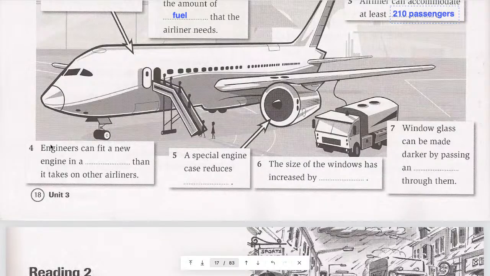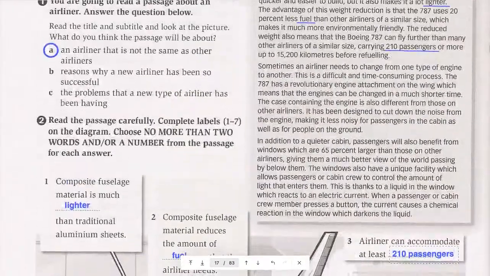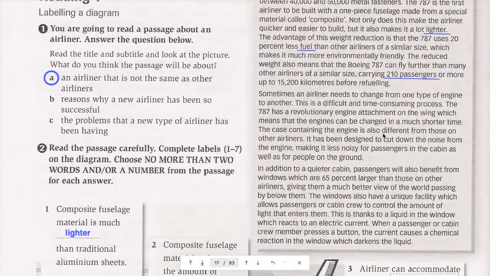Now, number four. Engineers can fit a new engine in something, than it takes on other airliners. Little time? Are you sure little time? Where's that? Aircraft 2. Yeah?